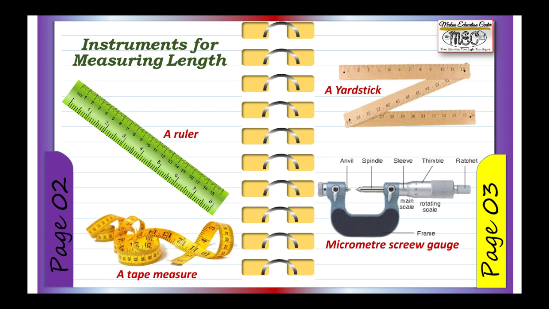They are used to measure the height, how tall you are. They are also used to measure, for example, the perimeter, as we said in introduction. So all these instruments are used to measure the length or the distance between 2 points. Now we are going to describe one by one. What is the importance of the first one, the second one, the third one, and the fourth one?